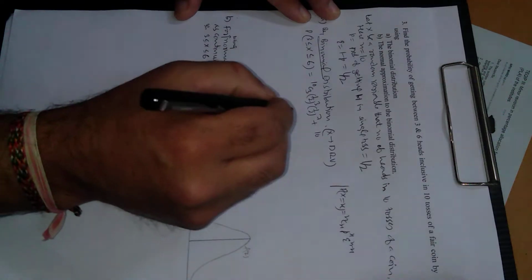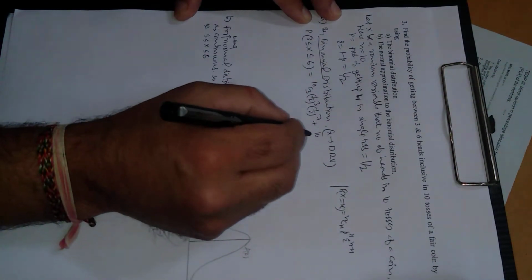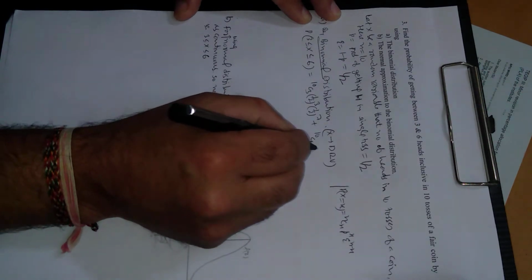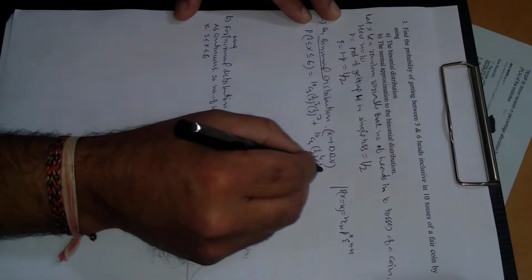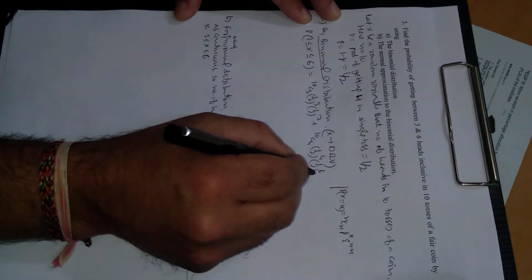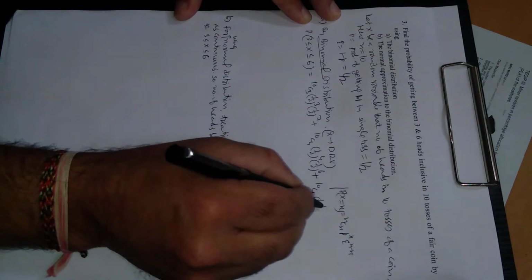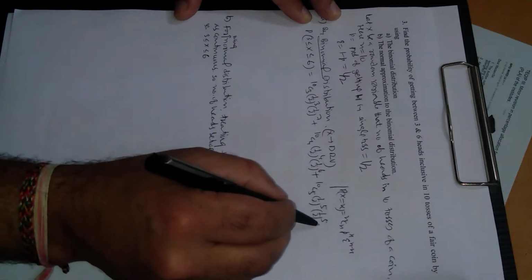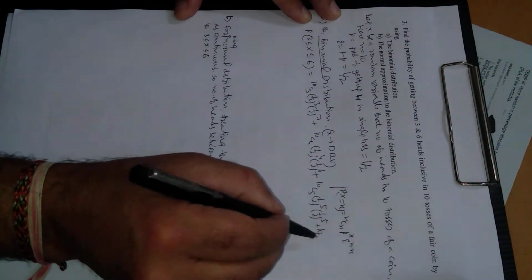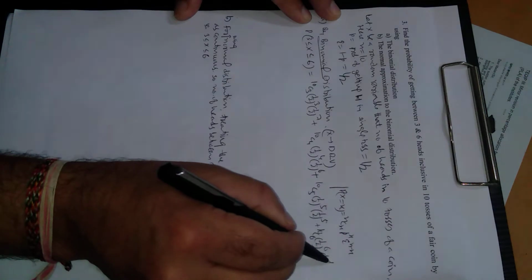Next is 10C4, half raised to power 4 and half raised to power 10 minus 4, 6. Next 10C5 half raised to power 5 into half raised to power 5. Next 10C6 half raised to power 6 into half raised to power 10 minus 6, 4.